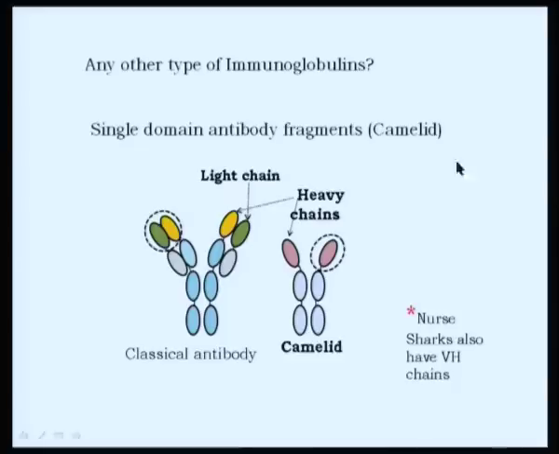Now, what I would like to do is stop here and then begin my next lecture with two immunoglobulins that I have not discussed, but they are quite important, especially one of them, the single chain and domain antibody, which is known as Camelid antibodies, because this has helped molecular biologists to be able to express only the variable domain of the immunoglobulin, and these are known as single chain variable fragment, and nature has done this in camels, where 30% of the antibodies in camels are made up of only heavy chain.